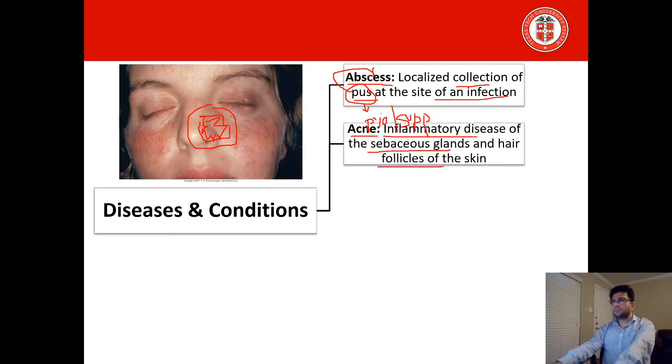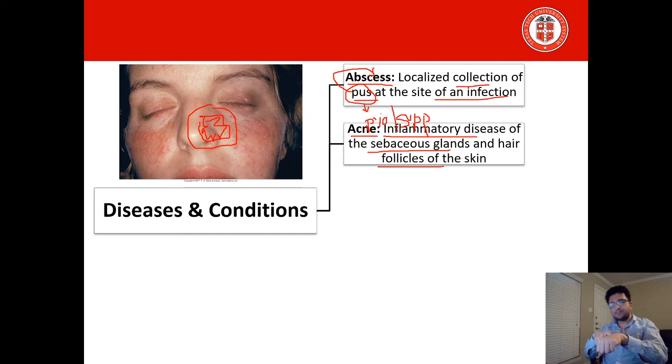Now the problem here is that normally you can very commonly think about all those pimples, all those blackheads, sometimes whiteheads. So normally when you have oil production in the sebaceous glands, they just move out of the skin through the pores on the surface of the skin.